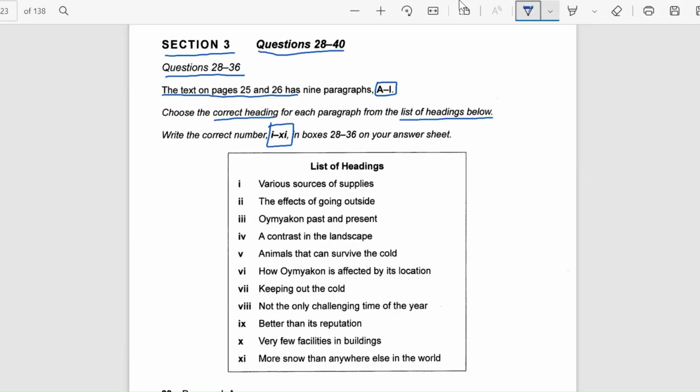So this particular small Roman numeral is what you are supposed to put in the answer box in which you will write the answer. And these options will be used for question numbers 28 to 36. So these instructions are crucial. They will determine your score. Make sure you don't miss out on any of these.